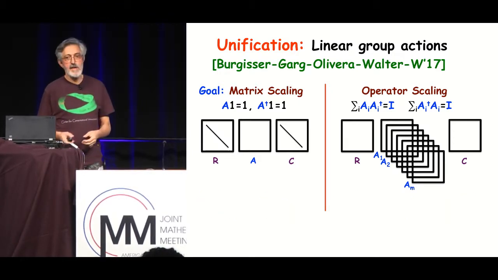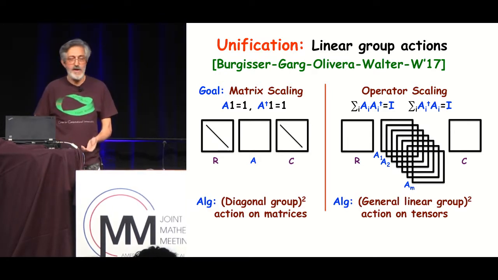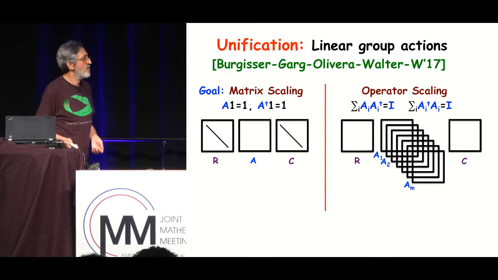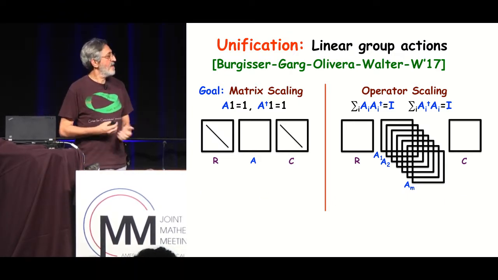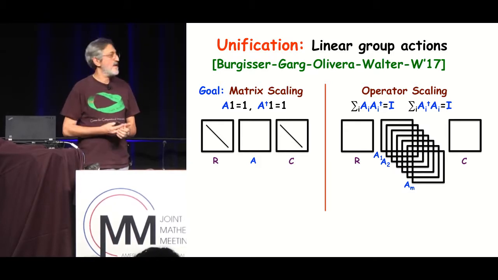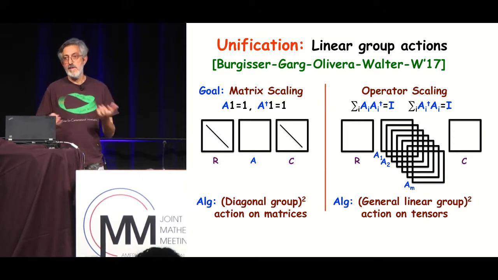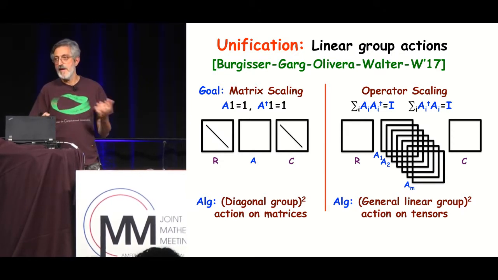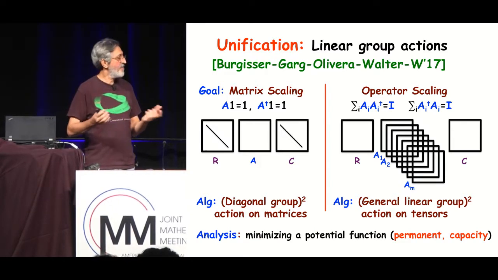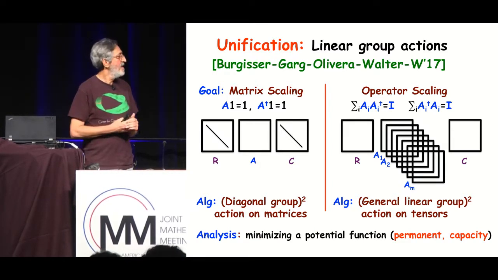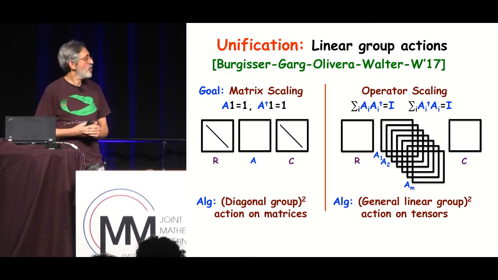So the unification is the following. We are going to look at group actions. We saw group actions. Maybe I didn't stress it, and now I will, in the algorithms that I talked about. So the goals of these algorithms were to scale either a matrix or an operator. And the algorithms were applying elements of a group, either diagonal matrices or general linear matrices, either on the left or on the right. So we had products of groups. That was how the algorithms work, just applying group actions.